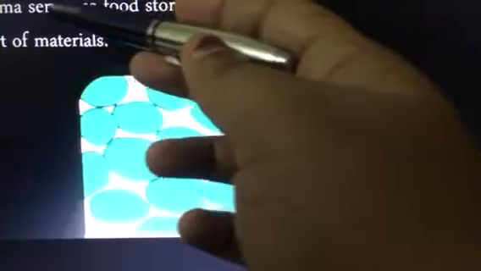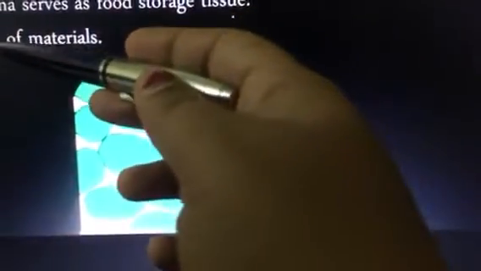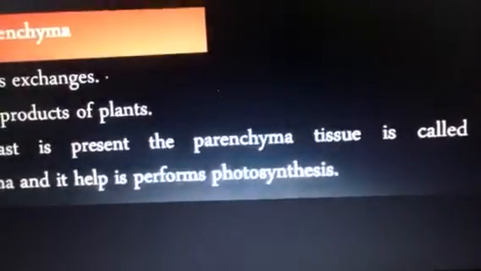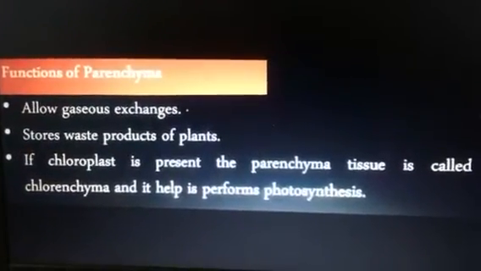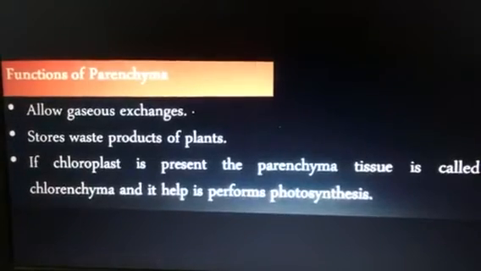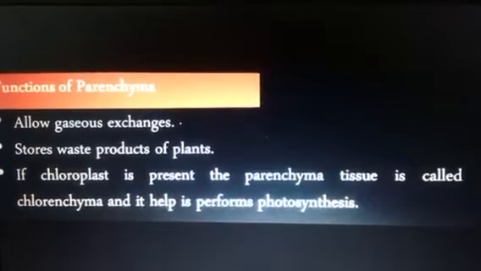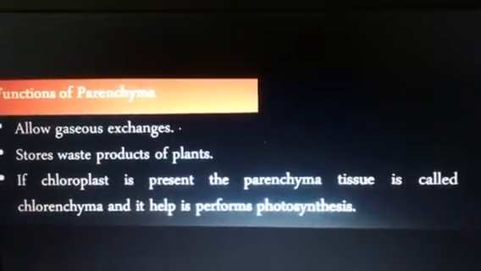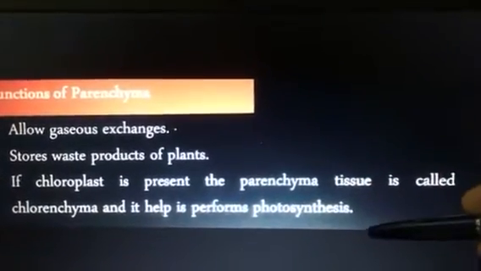Parenchyma serves as a food storage tissue, and is responsible for the transportation of material. Now, comprehending the functions of parenchyma, it allows gaseous exchange because of the presence of spaces, and stores waste products of the plant. If chloroplast is present, the parenchyma tissue is called chlorenchyma, and it helps in performing photosynthesis.